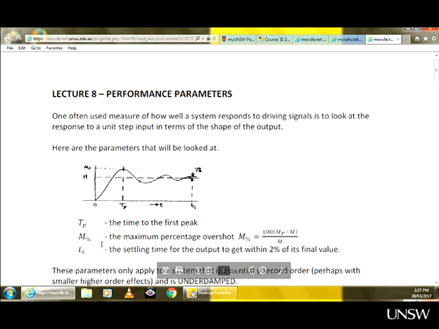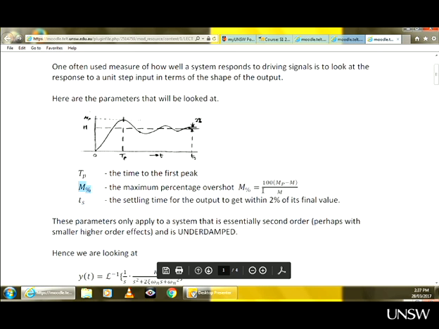And we normally use a percentage overshoot: the difference between the peak value and the steady state value, divided by the steady state value, times 100 to get percentage. Percentage overshoot. Very important property, very important thing to know about an underdamped system.